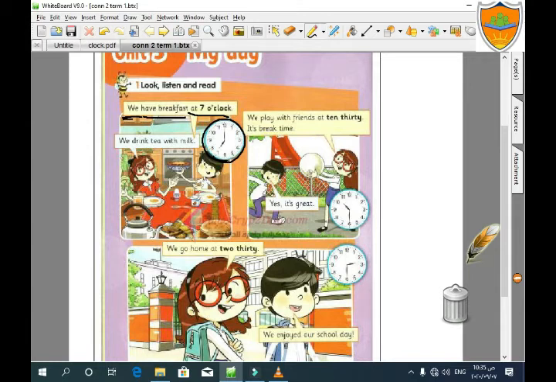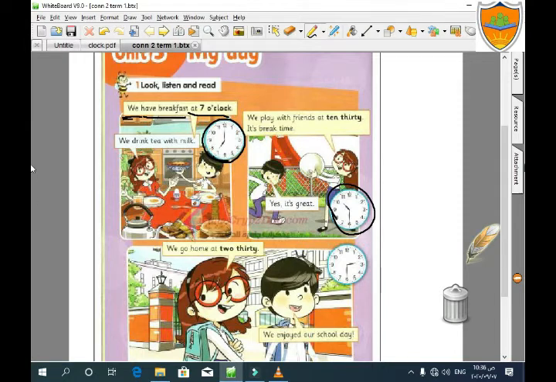Picture number 2, we play with friends at 10:30. It's break time. We have here the clock is 10:30. The short hand is on 10 and the long hand is on 6.